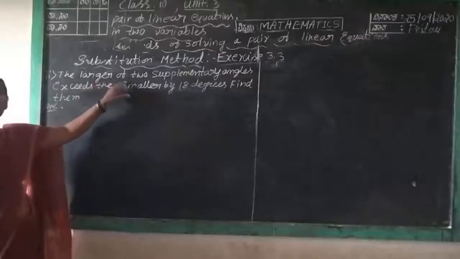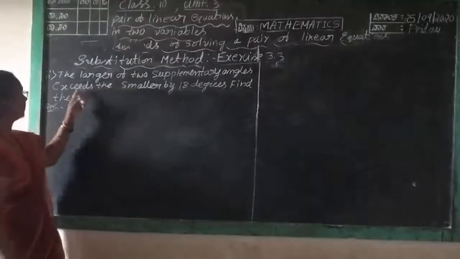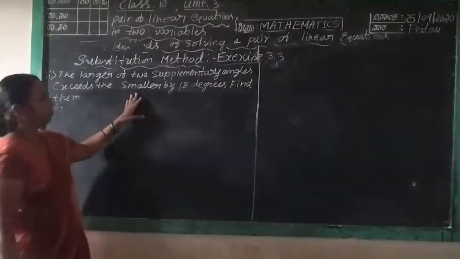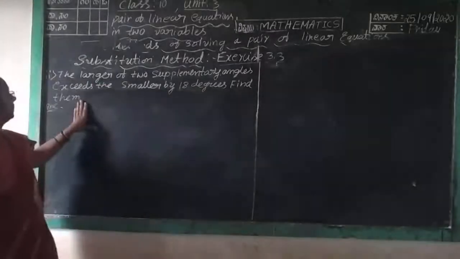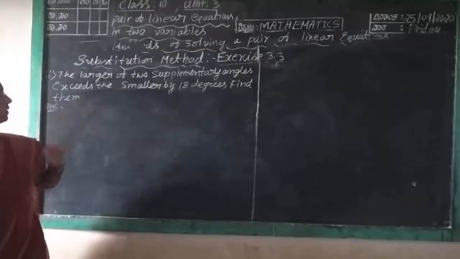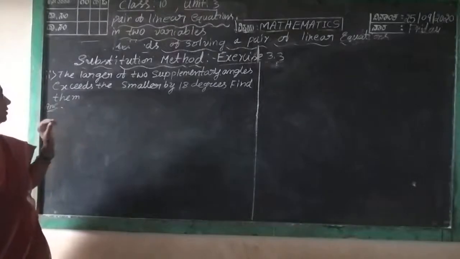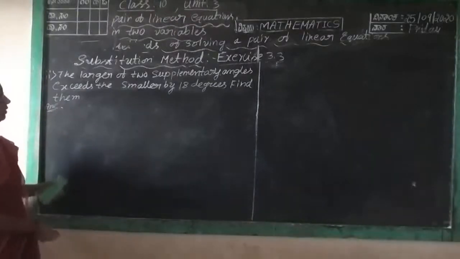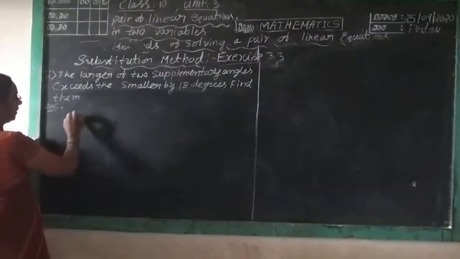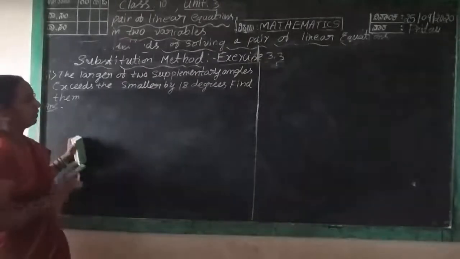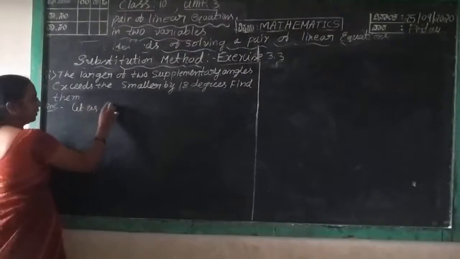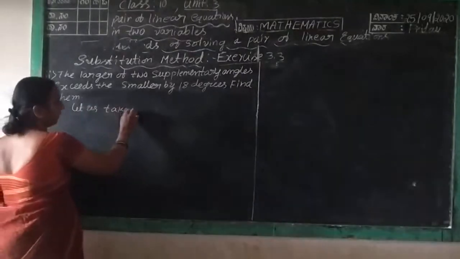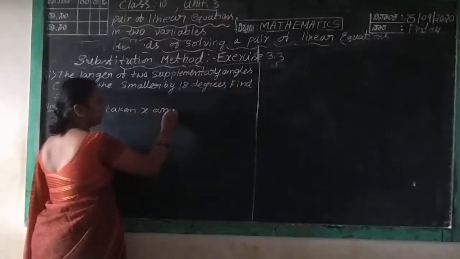The larger of two supplementary angles exceeds the smaller by 18 degrees. Find the angles. Let us take x and y as the two angles.